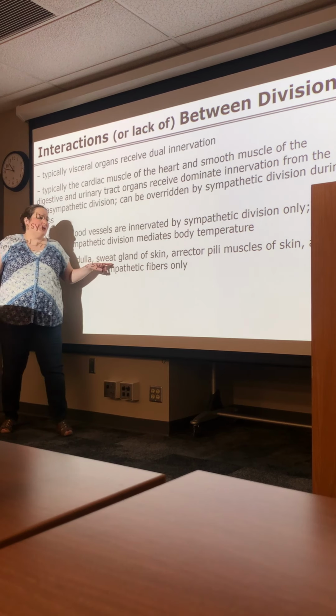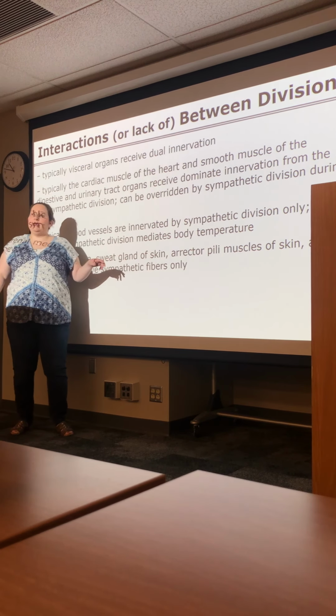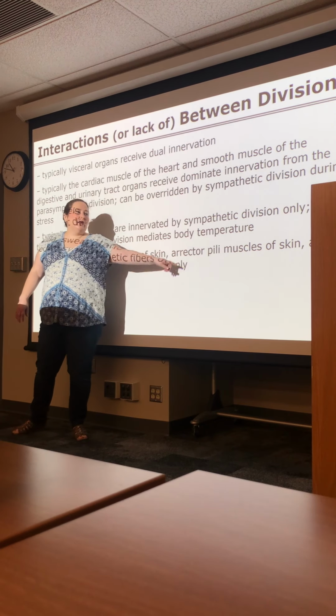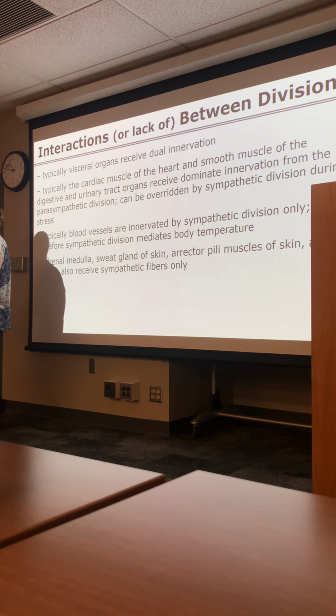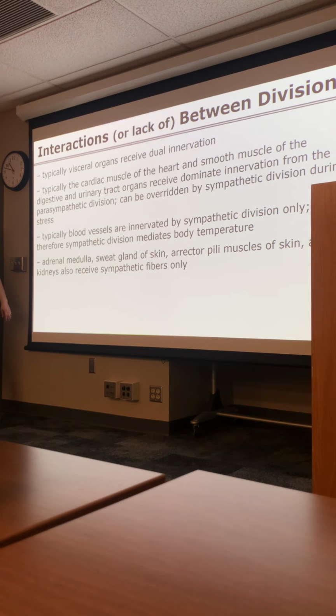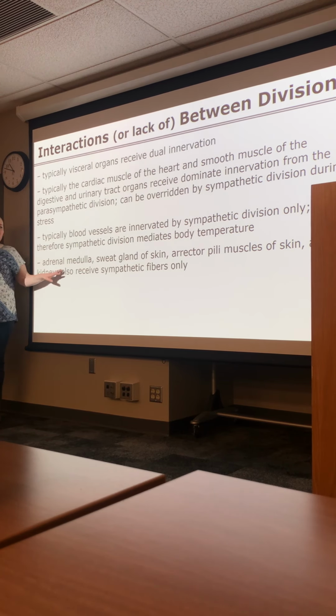Well, it's also the sweat glands of the skin only get sympathetic innervation. The erector pili muscles of the skin, remember those? That smooth muscle that attaches to the follicles of hair? And the kidneys. Well, the kidneys are basically functioning because of the blood coming through them, and so it kind of makes sense that kidneys predominantly are only innervated by the sympathetic division of the autonomic nervous system.